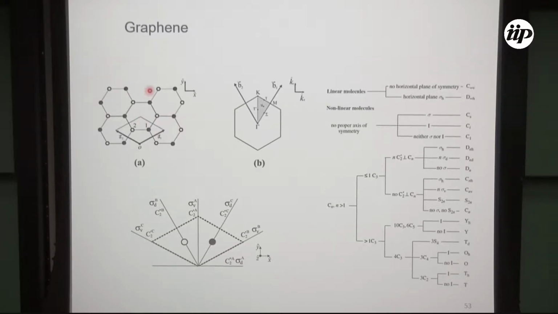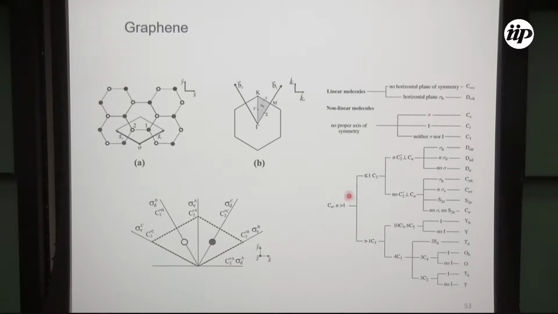We have a horizontal mirror. We have glide planes, or auto-reflection planes, where you do a reflection and then rotate back. So all the symmetry operations of graphene bring us to D6h.